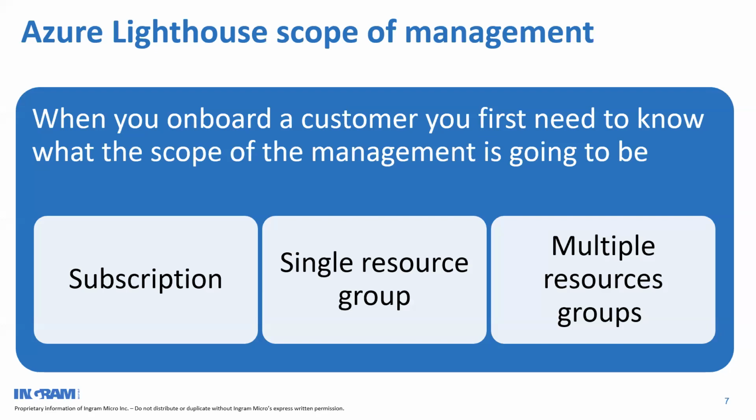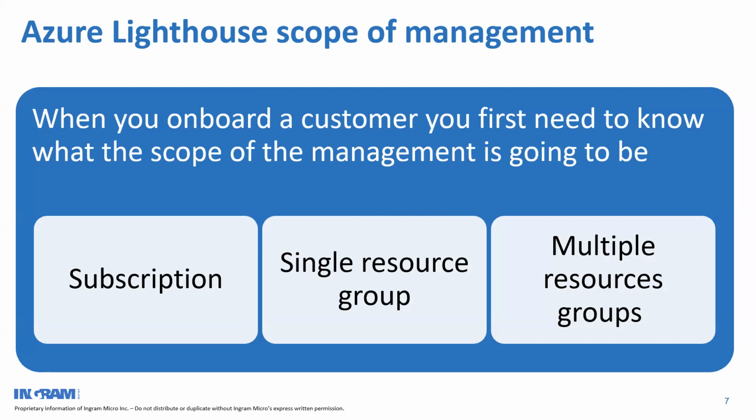So what are the different levels of scope that you can manage? When I say the customer resources get projected into your subscription, or your tenant, what resources? Will everything from the subscription get projected, or will only certain resources get projected?